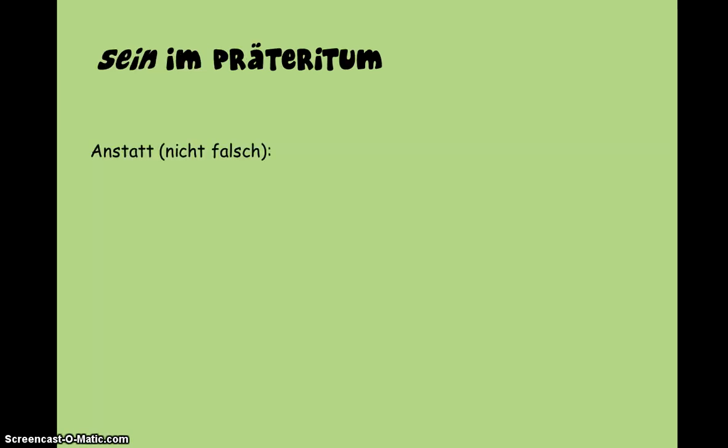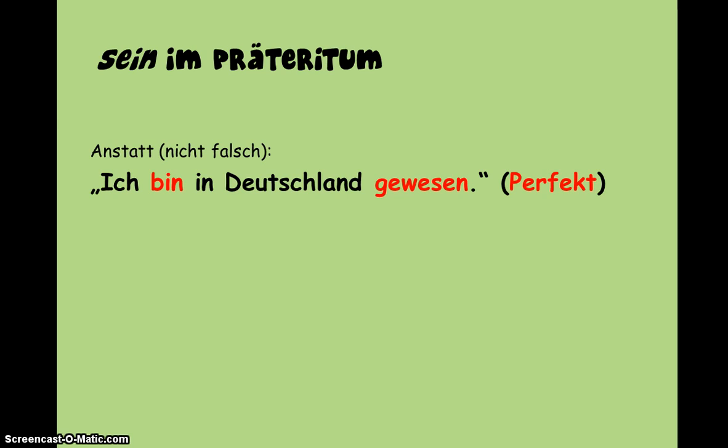Okay, instead of, and it is not wrong to say that, I want to point out, ich bin in Deutschland gewesen, I was in Germany. We used the past tense of sein, which is gewesen, and we used a helping verb sein here.